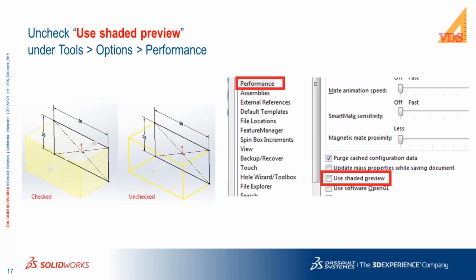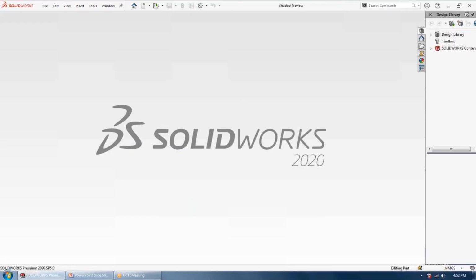The only difference between this option checked and unchecked is that when the option is checked, the complete box is filled with a yellow color, which means graphics is consumed. When this option is unchecked, it just highlights the boundary, which means a lesser amount of graphics is used. I'm not saying that no graphics will be used, but very little. So let's look at the option quickly.